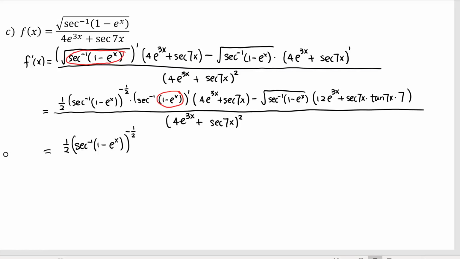And then here, derivative of secant. Do you remember? 1 over x. So u is 1 minus e to the x. Okay, and then square root of u squared, where u squared is 1 minus e to the x squared, minus 1. Okay. And then times u prime. Yeah, it's quite long, right? Derivative of secant of u is 1 over u, and then square root of u squared minus 1, and then chain rule, you multiply by u prime at the end.